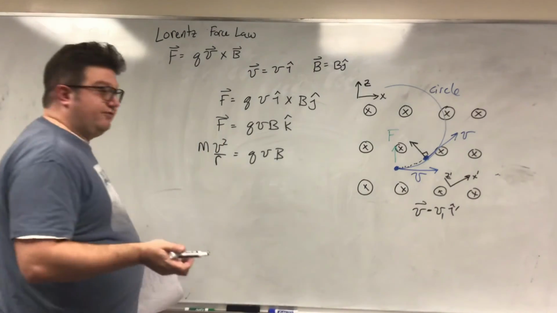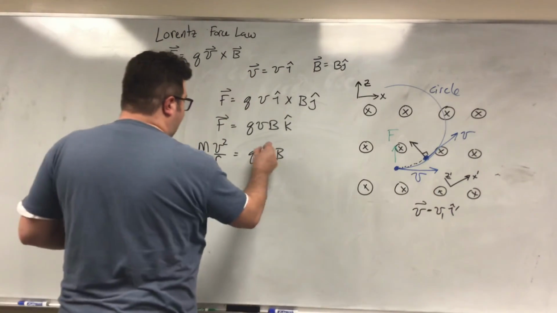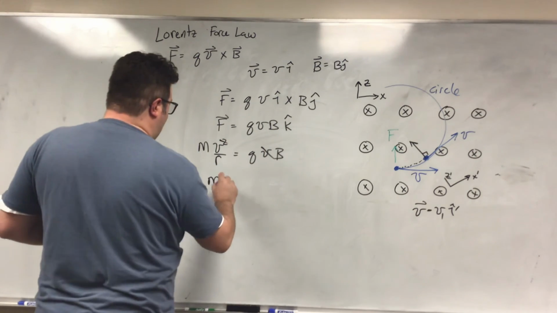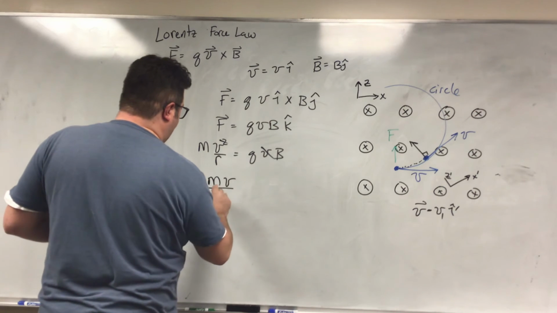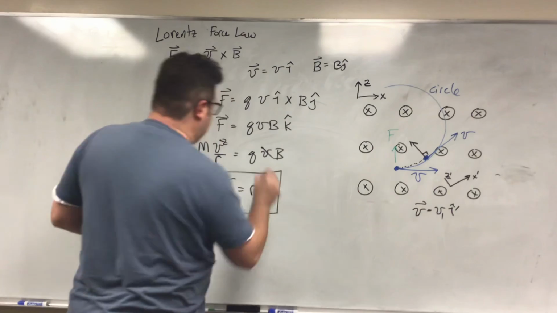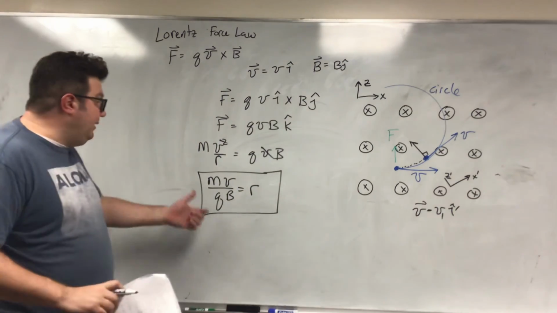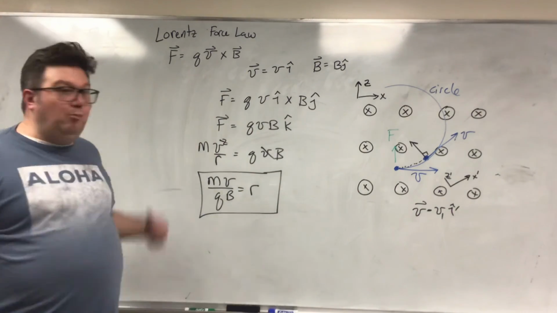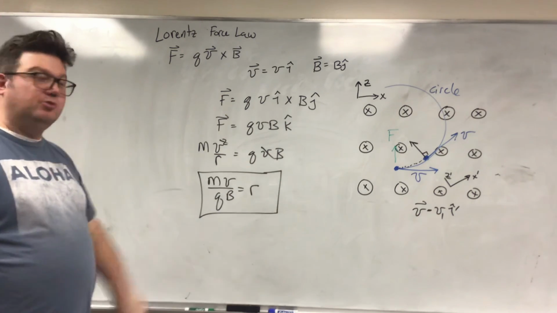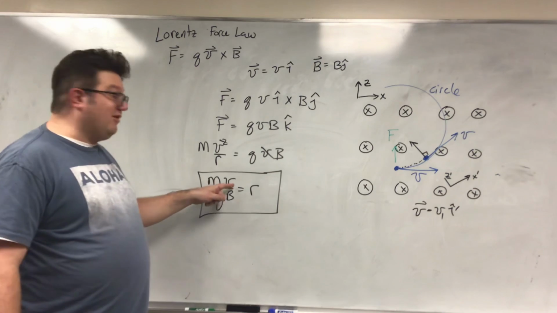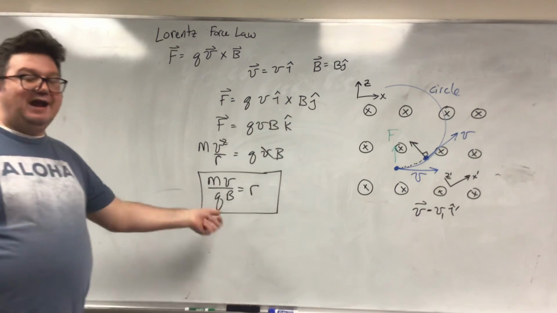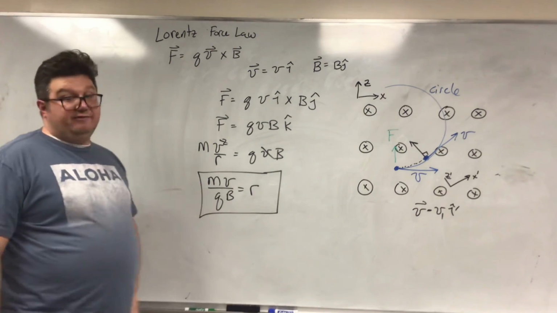I can solve this for the radius. This kills off one of those V's, and you're left with MV over QB equals R. So it tells me how big a circular motion I'm going to have. That depends on how fast I'm moving, or even its momentum, divided by the charge and divided by the magnetic field.